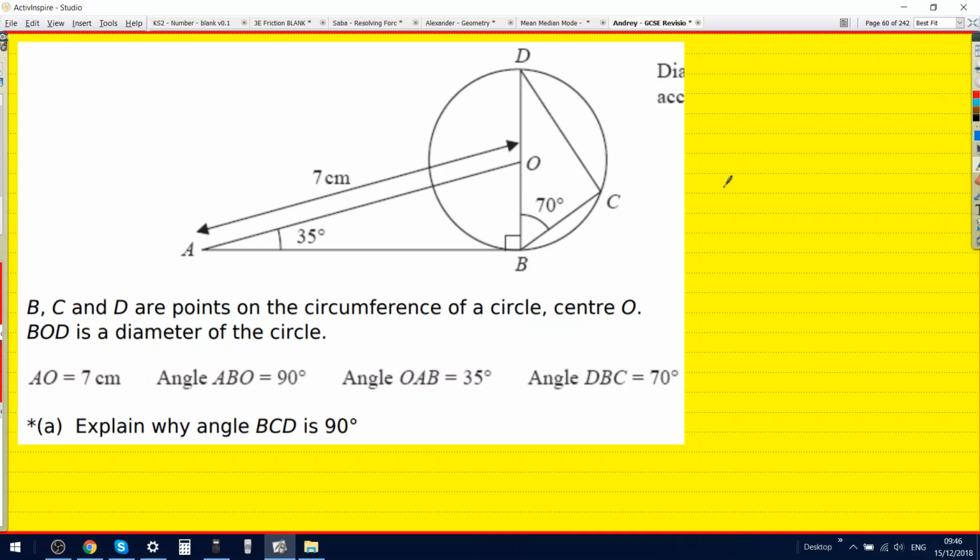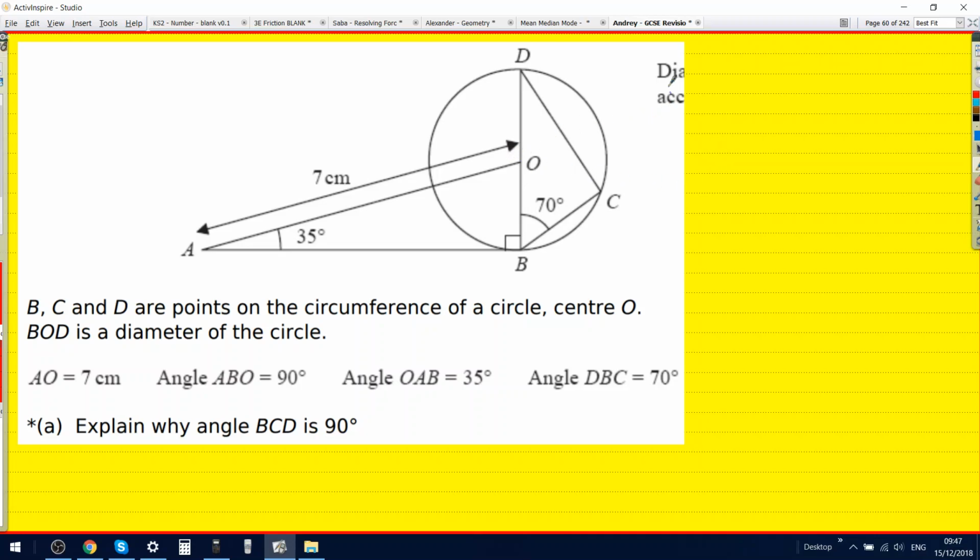Oh, is it because of the diameter of a circle? Like 90 degrees next to it or something?